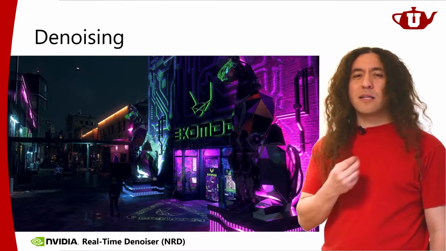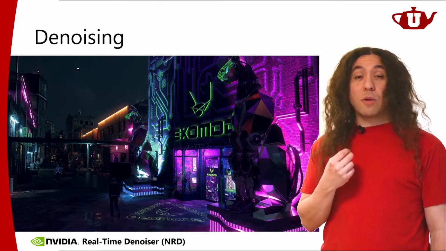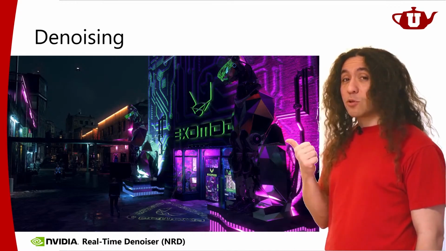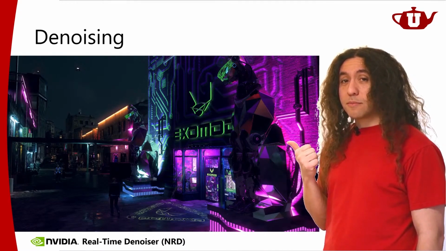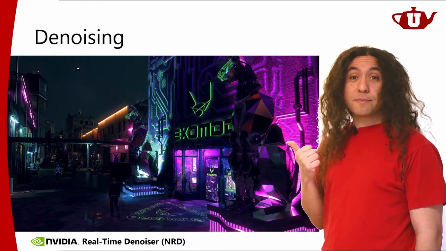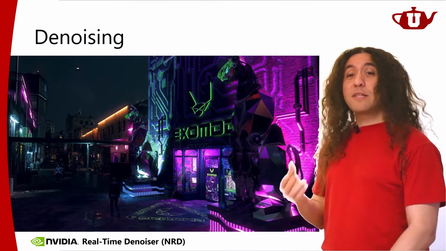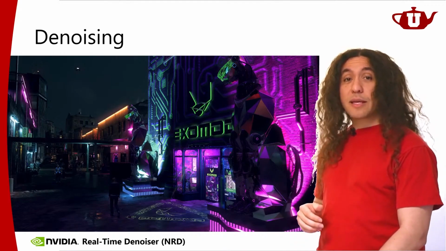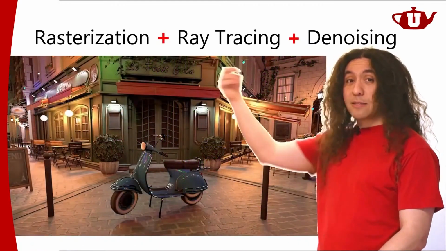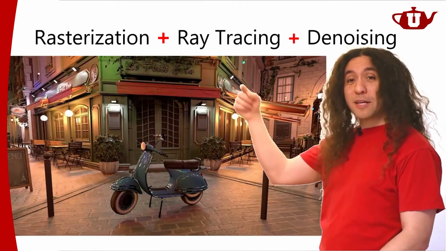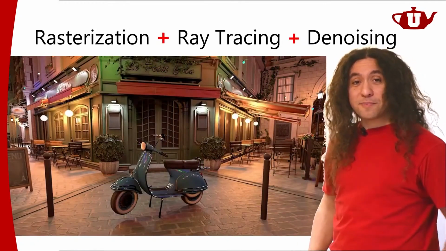So all these subtle details that we would get if we were to actually compute this image are all lost, right? So with ray tracing, what we can do today is rasterization plus ray tracing plus denoising.